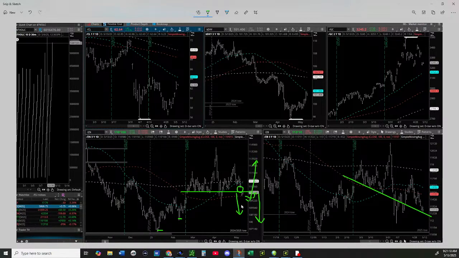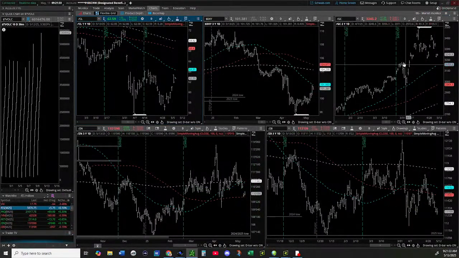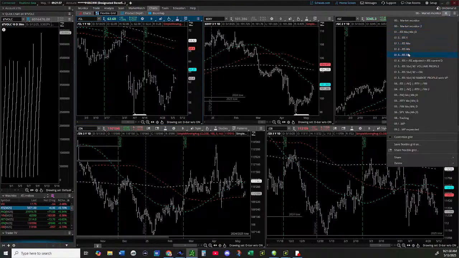And this scenario, especially if this one joins this one as well, can drag the market lower, or can reduce the upside that we have in the equity market, in the cash market, the stock market.